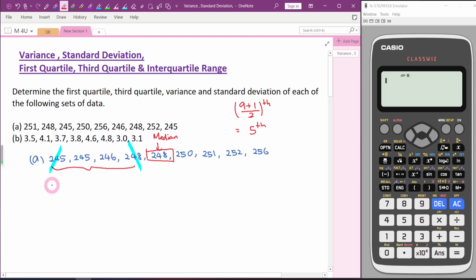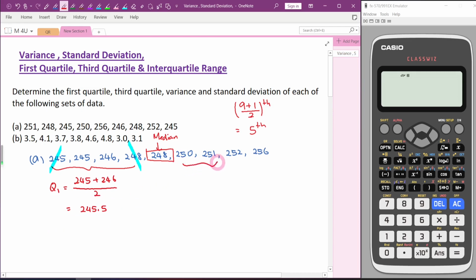In order to get the first quartile, we need to find the mean of these 2 numbers. 245 plus 246, just like what we do when we find the median, divided by 2. So it's equal to 245.5.